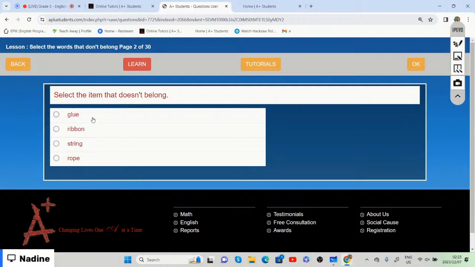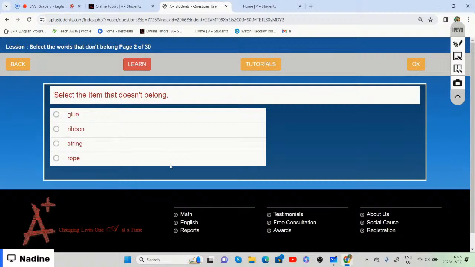We need to select the item that does not belong. We have glue, we have ribbon, string. So words that do not belong. We have glue, ribbon, string, and rope.